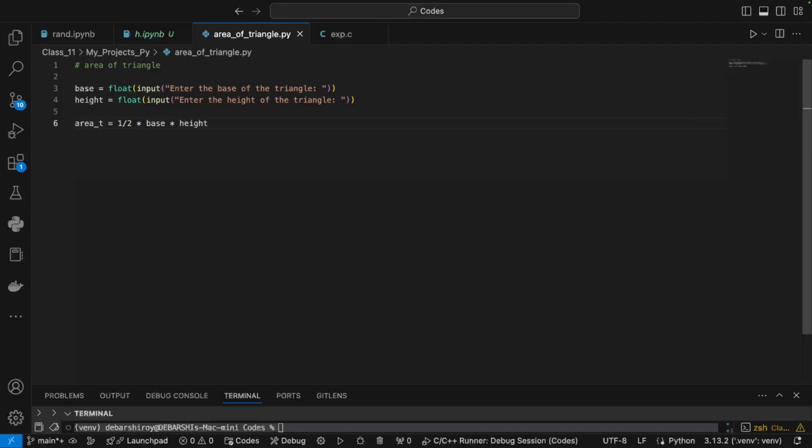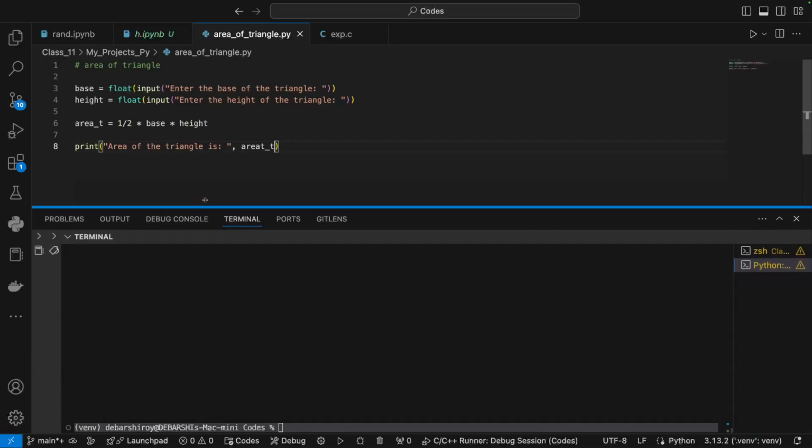Those who have already solved by yourself can cross check my solution by watching this video, and at the end I am printing, area of the triangle is area T. I think we have understood this.